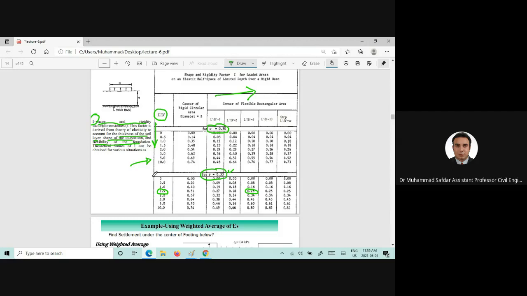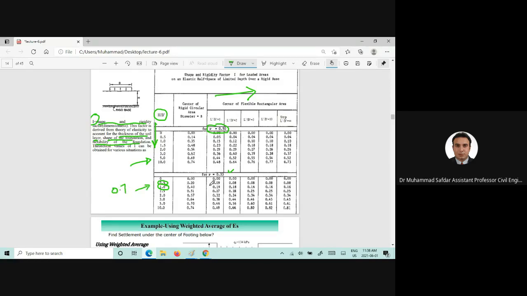For example, between 0.5 and 1.0, there will be a value which would be 0.7.